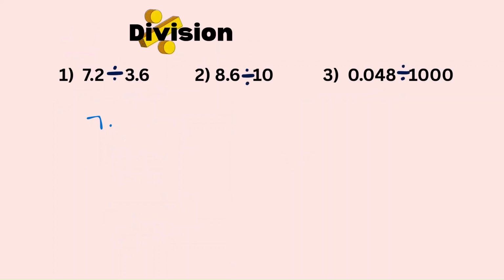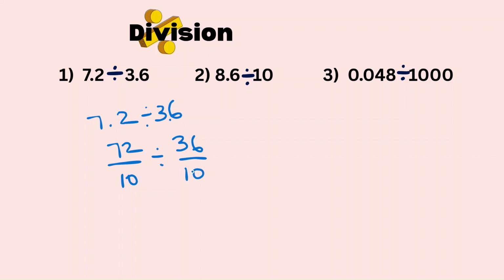Now we will see division. 7.2 divided by 3.6. See, 7.2 is 72 by 10 divided by 3.6, which means 36 by 10.